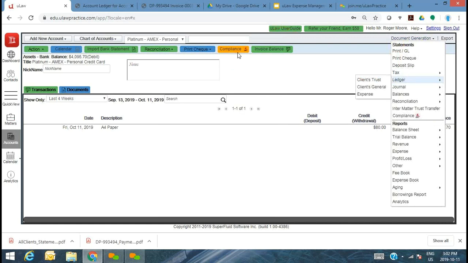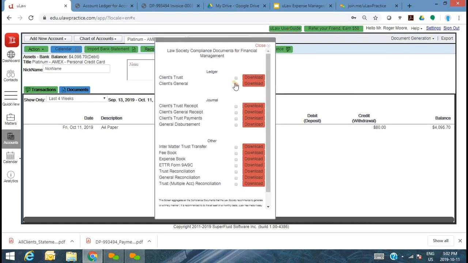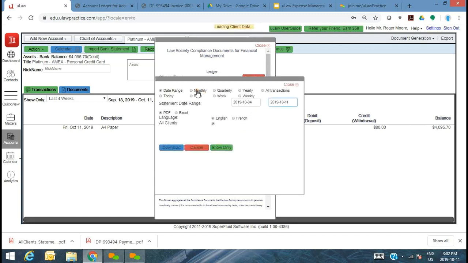You can go ahead one step further. I can click on the compliance here. We did the trust ledger. We could do the client's general receipt, which is a Law Society requirement, and the auditor may ask you for it, saying, can you give me your general receipt document? You can do this over a date range. You can do it specifically to a client if the Law Society asks you specific to a client.